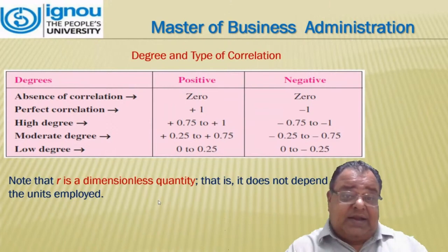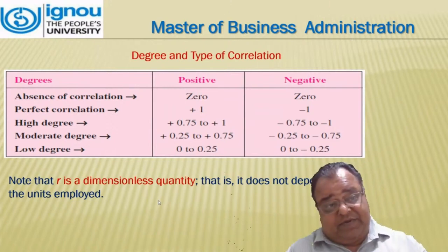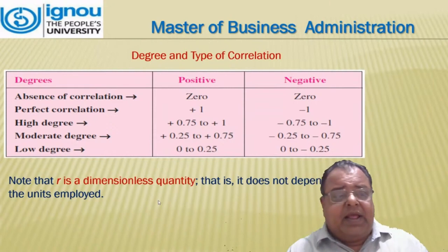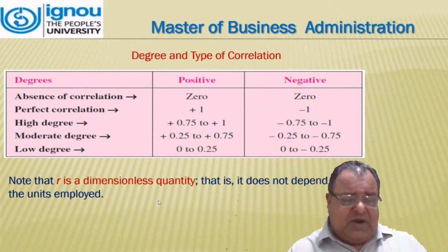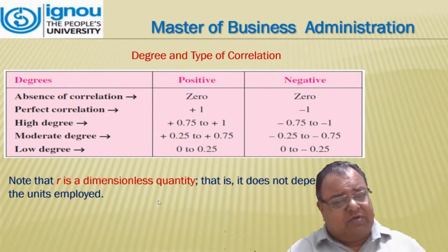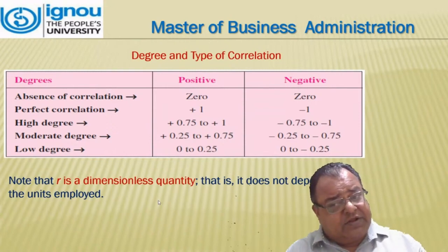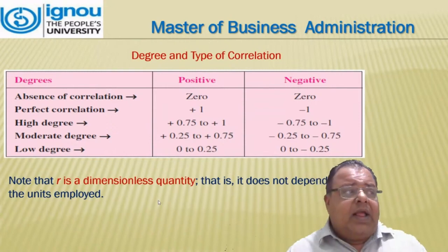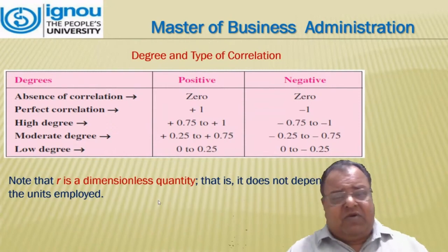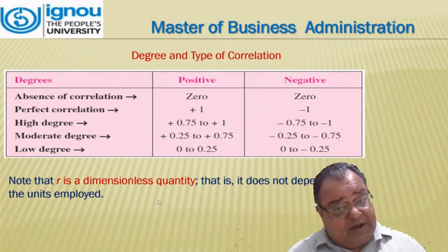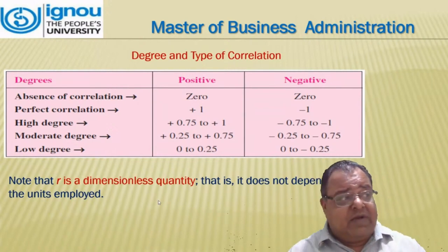Now, to understand the degree and type of correlation, we have seen we have two types of correlation, positive and negative. Now, how to express the degree? In case of absence of correlation, the value of r will be zero in both the cases. If we talk about perfect correlation, it will have value plus one, and for negative correlation, it will have value negative one.